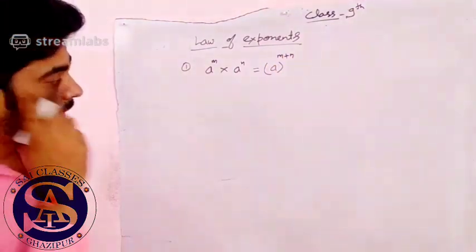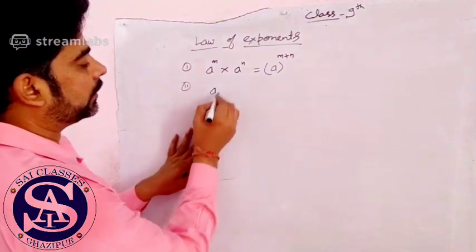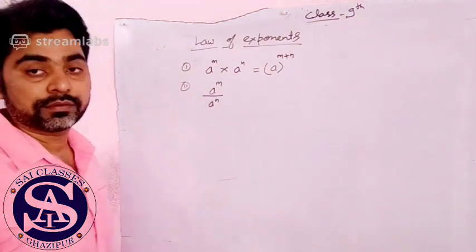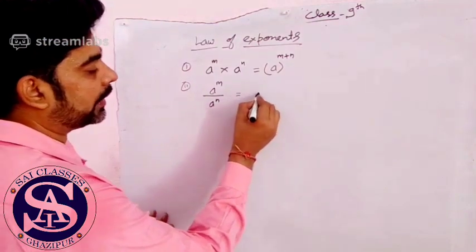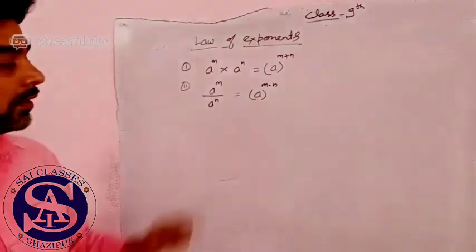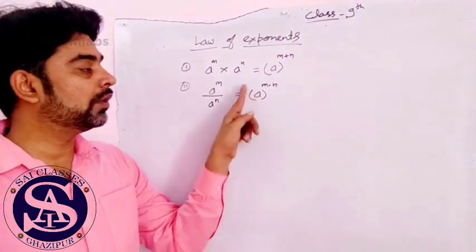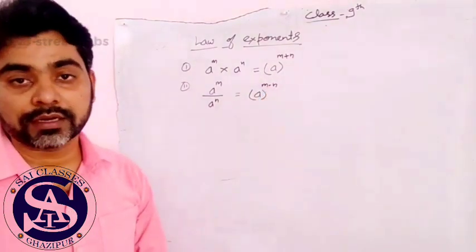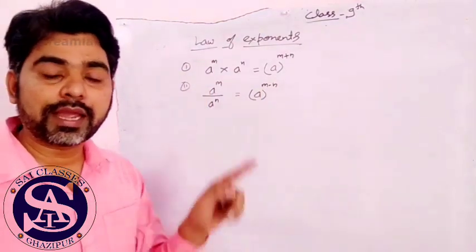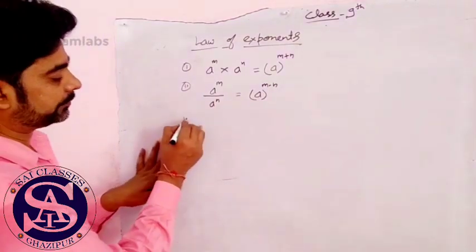Similarly, the second law states that a raised to m divided by a raised to n is a raised to m minus n, because the bases are the same. Here m is the exponent of the numerator and n is the exponent of the denominator.